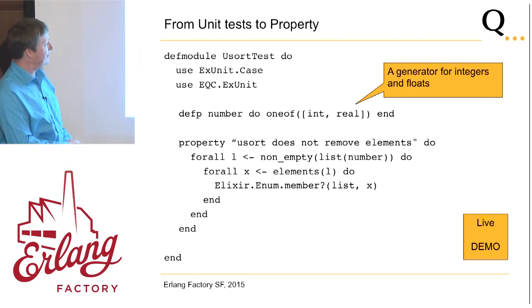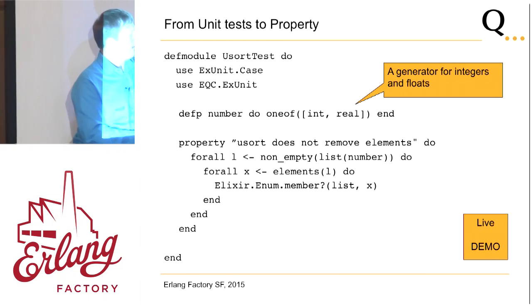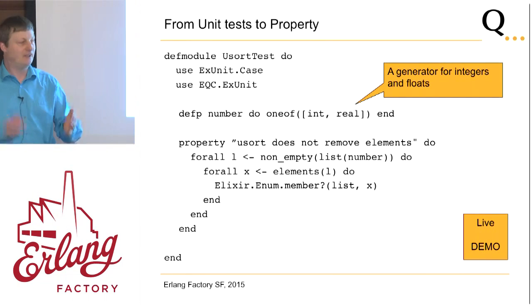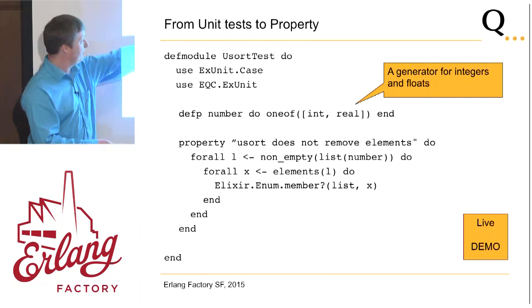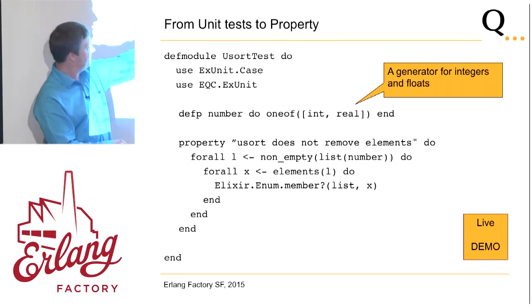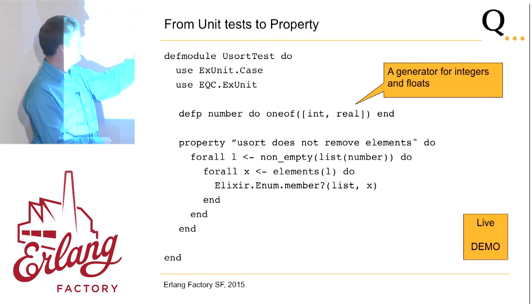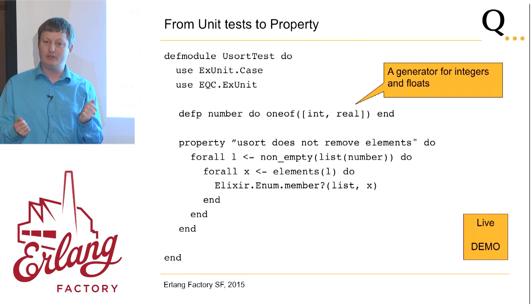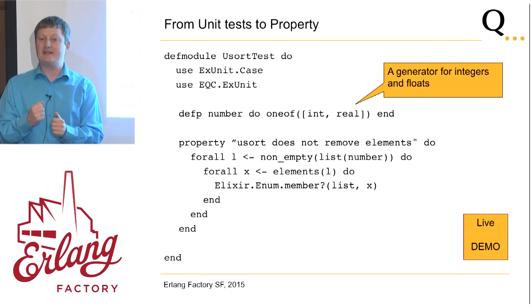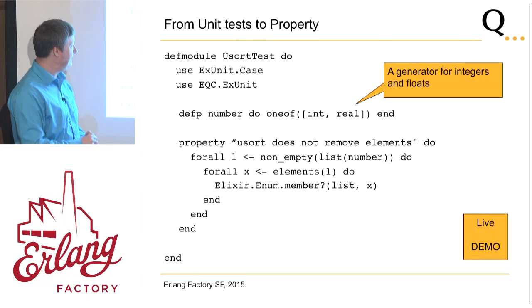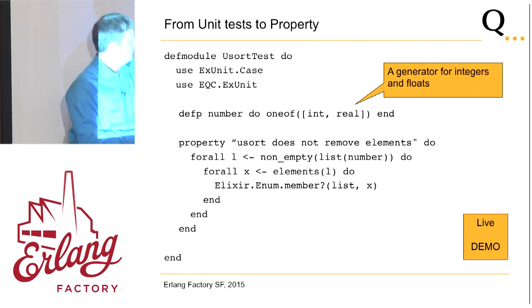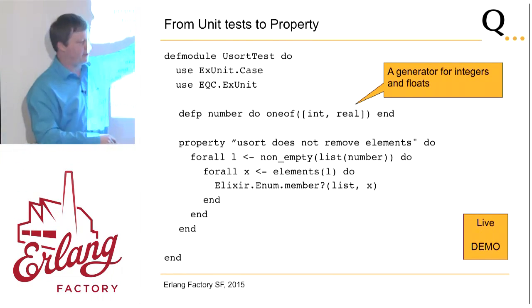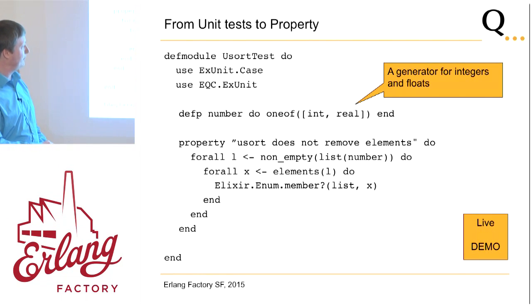And then we have this property here, and it says usort does not remove elements, in the sense that the elements are completely gone. So we take an L, which is a list of numbers, which is non-empty, because to sort the empty list is certainly possible, but then we can't say, now take an element and make sure that it's really in there. So we take a non-empty list of numbers, and these are all standard QuickCheck generators, so you don't have to write any code for that.